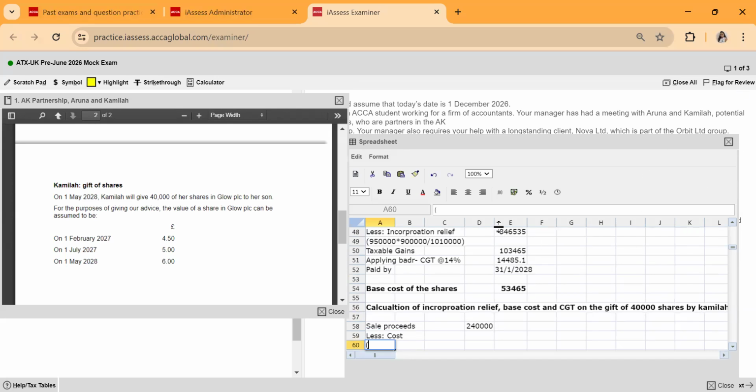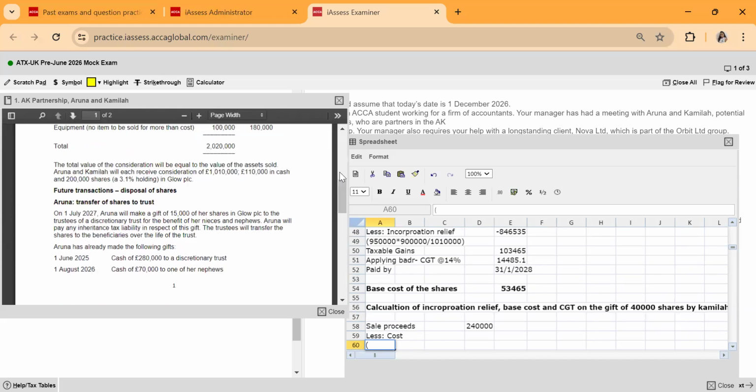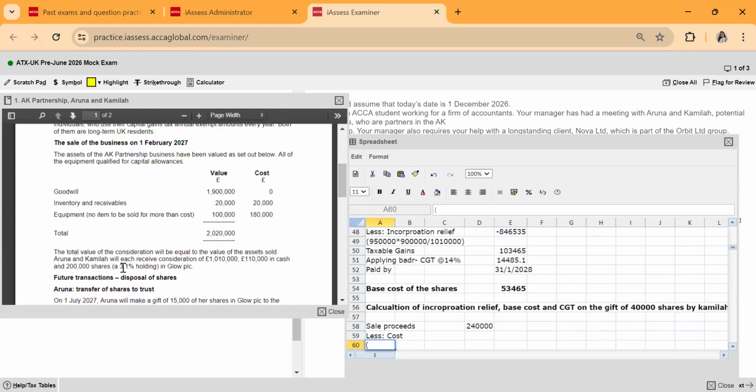Where is this 40,000 coming from? It is from the shares received from the business sale. She received 2 lakh shares in totality, out of which 40,000 are given to her son, and the cost of the 2 lakh shares we have calculated here as 53,465. This is the application of base cost.